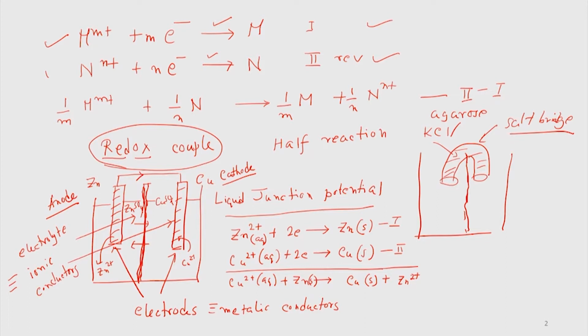Now, the question is how to describe the thermodynamics of these half cell reactions and then do some addition and subtraction to get the overall thermodynamics of the overall cell. In order to understand that, again we are supposing that we are doing everything at constant pressure and temperature.